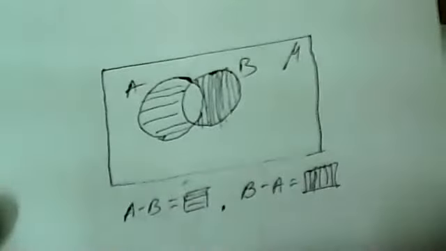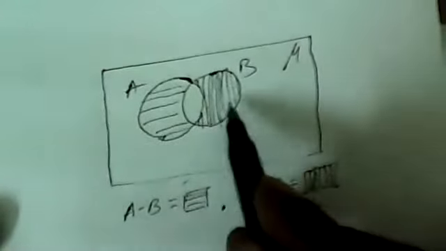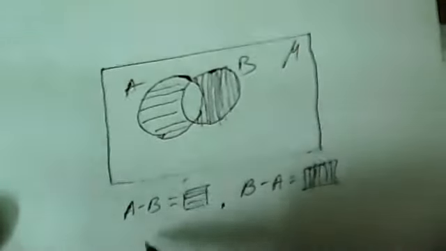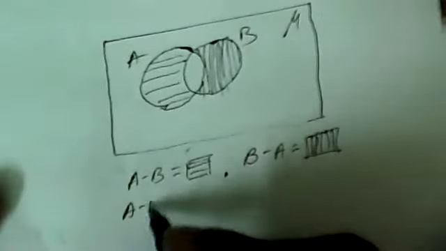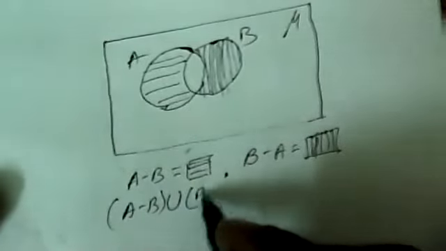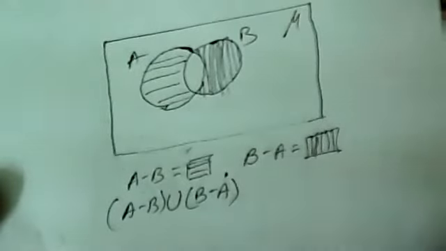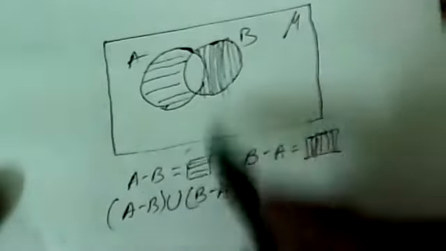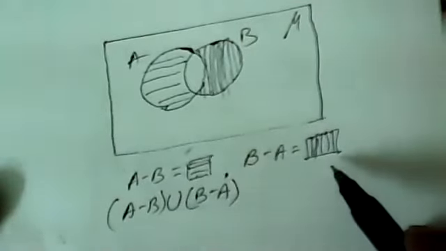अभी हम इन दोनों को लेते हैं. A minus B यूनियन B minus A लेते हैं. A minus B means ये part और ये part, ये shaded region और ये shaded region.